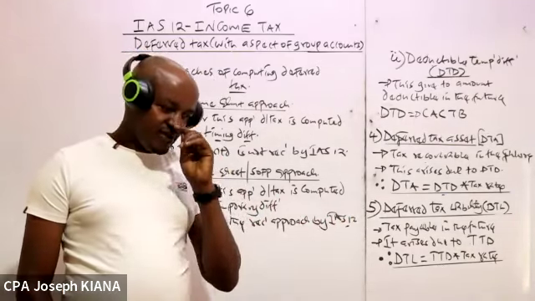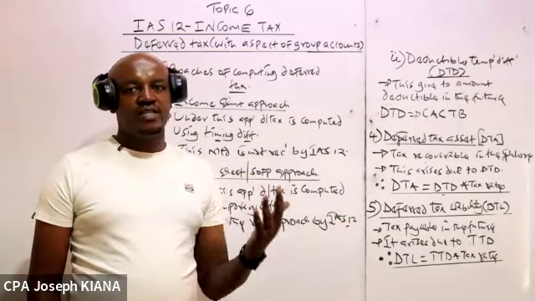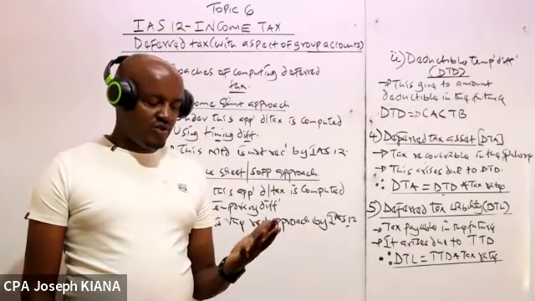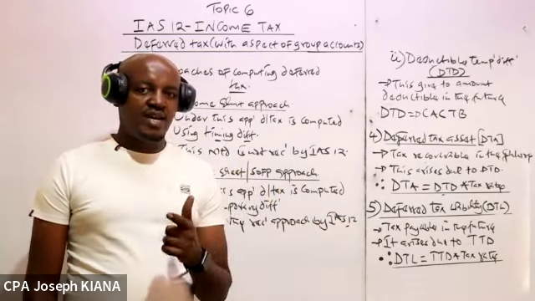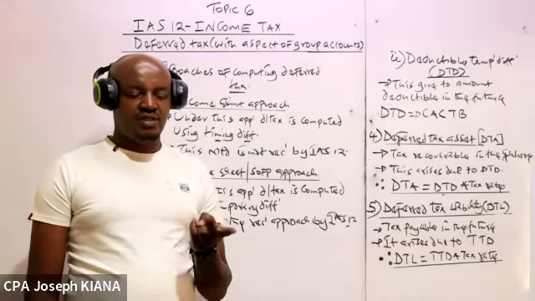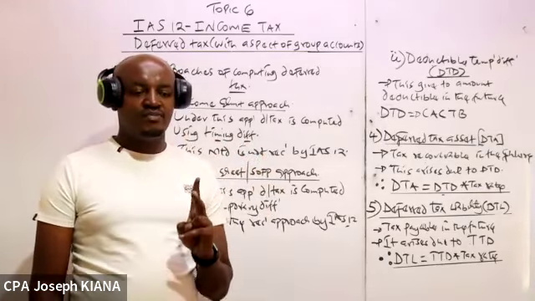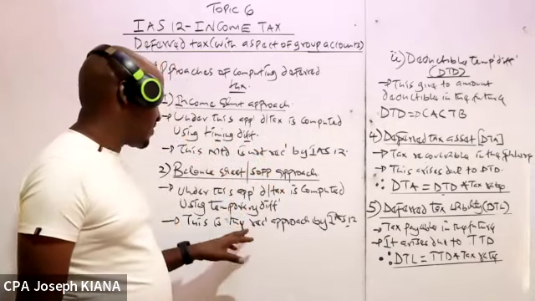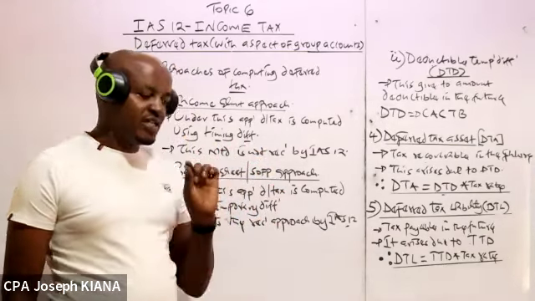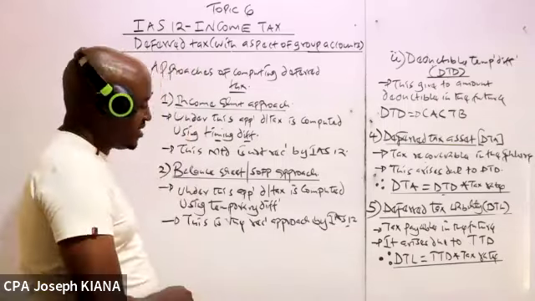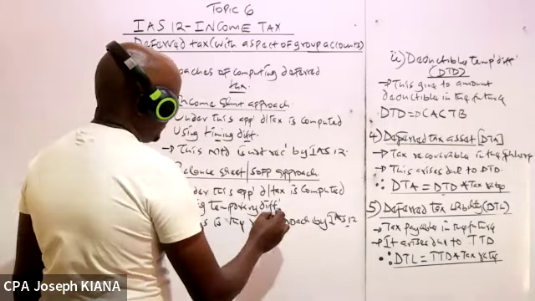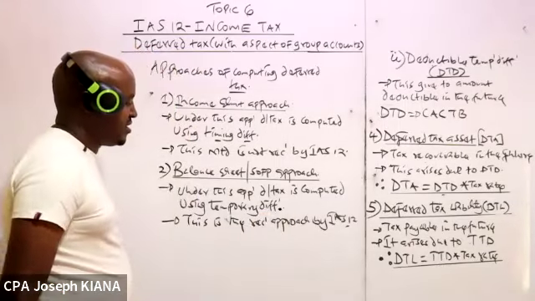And actually, under this particular approach, you'll be given various items of assets and liabilities. What you're required to do is to determine their carrying amount, to determine their tax base, and then you get the difference between those two values, and automatically that difference is what we are referring to as the temporary difference.